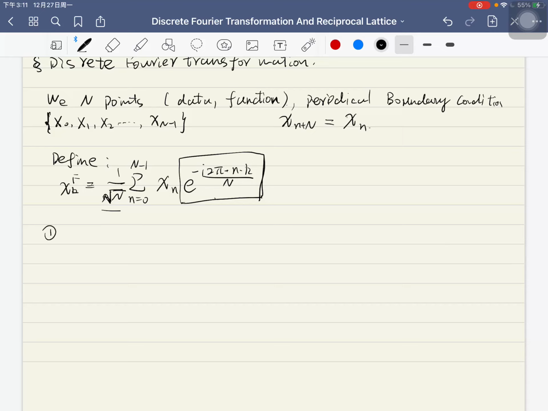The first property is the sum over k from 0 to N minus 1 of 1 over N e to the 2 pi i n k over N is a delta function. This is really easy to prove.